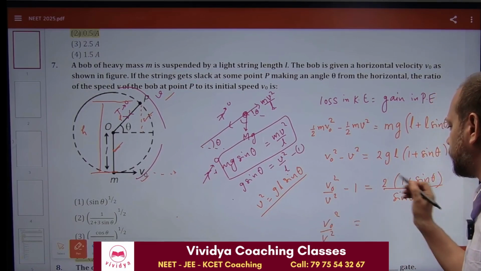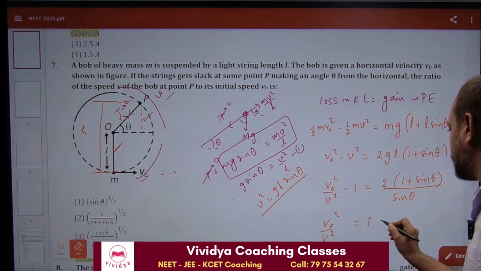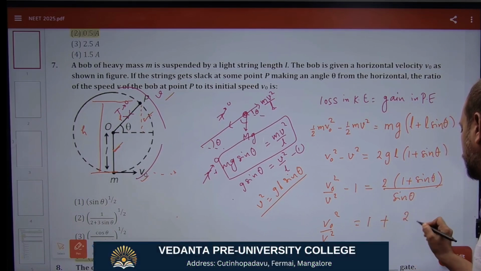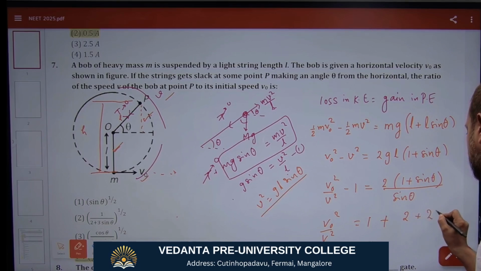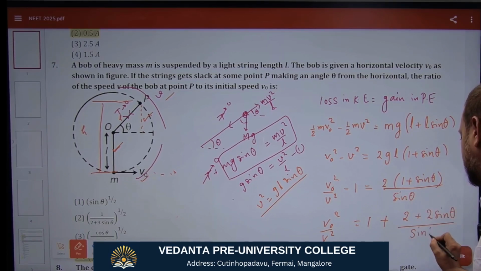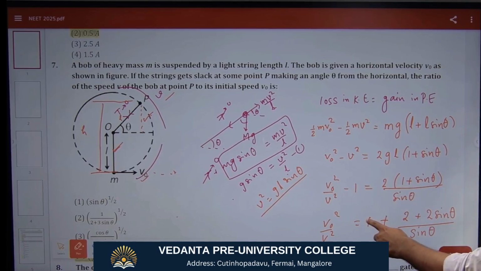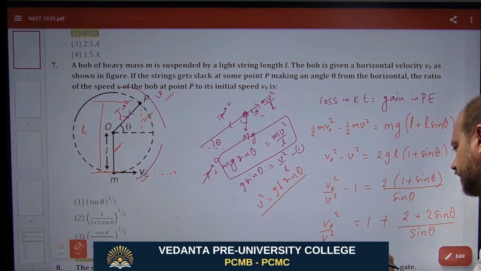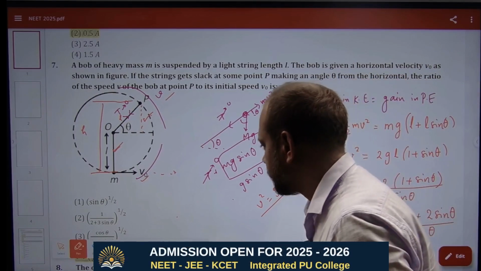So you'll get 1 plus (2 plus 2 sin theta) divided by sin theta. All you have to do is consolidate this term. Sin theta, 1 more, 2 sin theta plus sin theta, 3 sin theta. So you'll get (2 plus 3 sin theta) divided by sin theta. Let's try to match with the options.